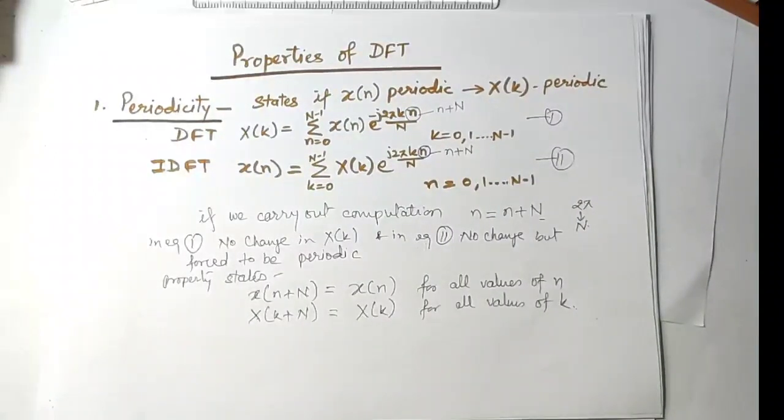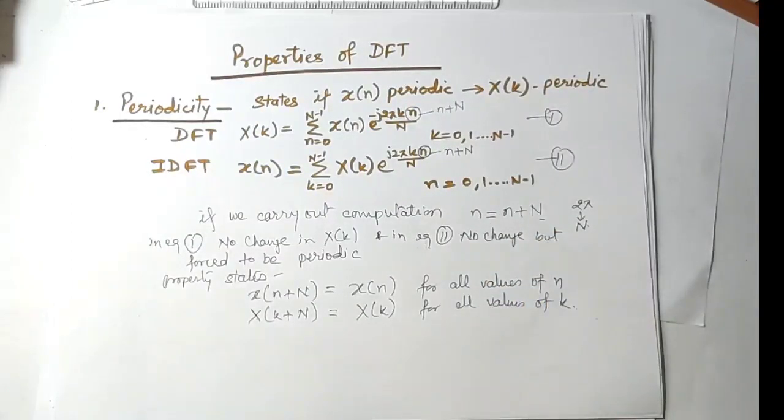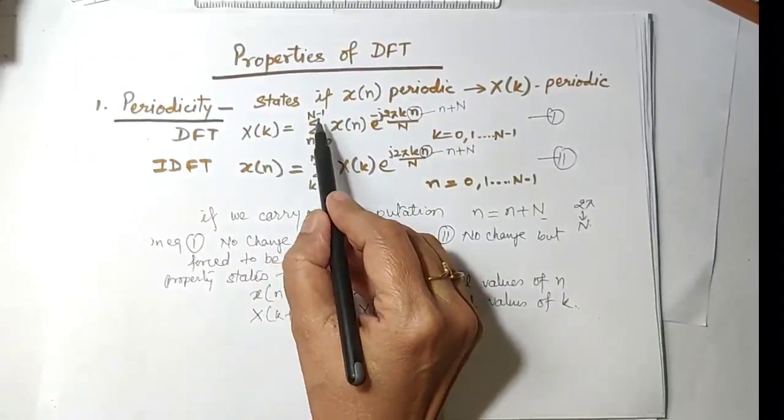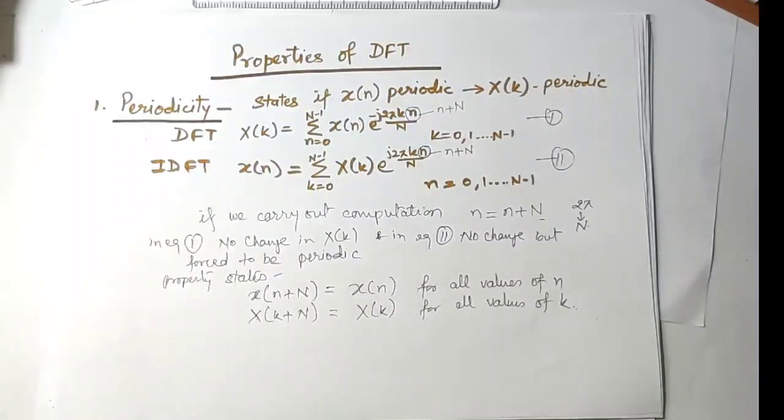Also, the noticeable point is that when the sampling period we are taking is n plus N, what should the limit be? By the definition, the limit should be 0 to N minus 1. Why so? Because if we take this signal from 0 to N minus 1 samples, there will be no overlapping.